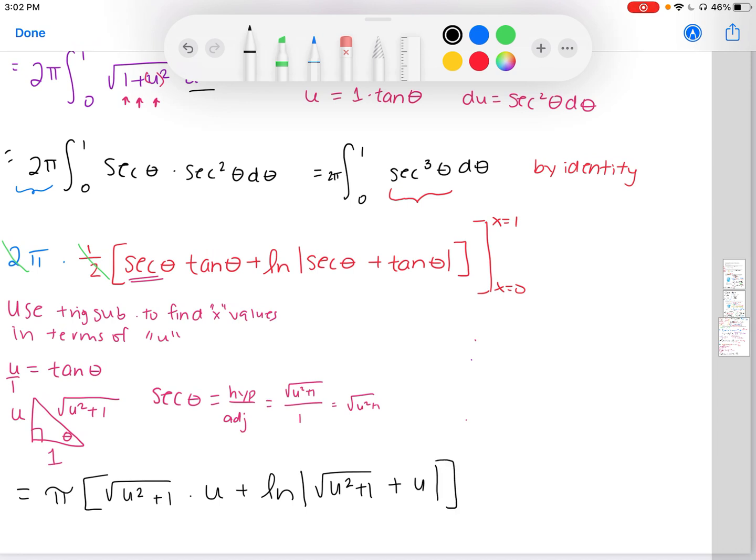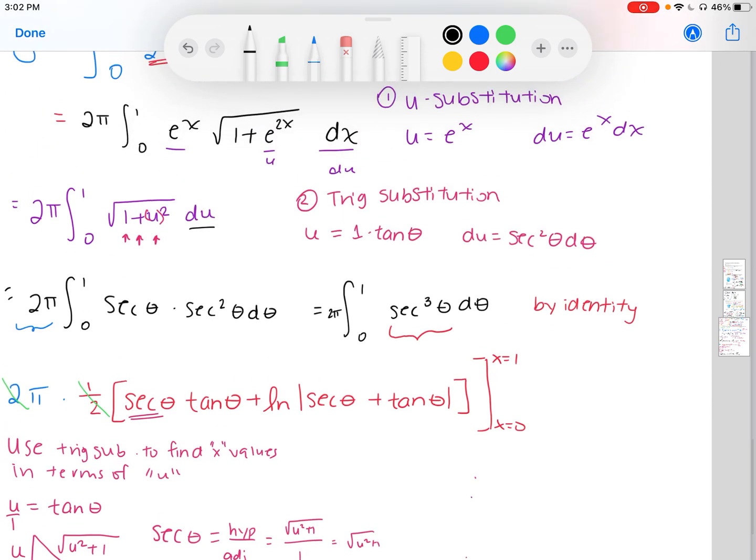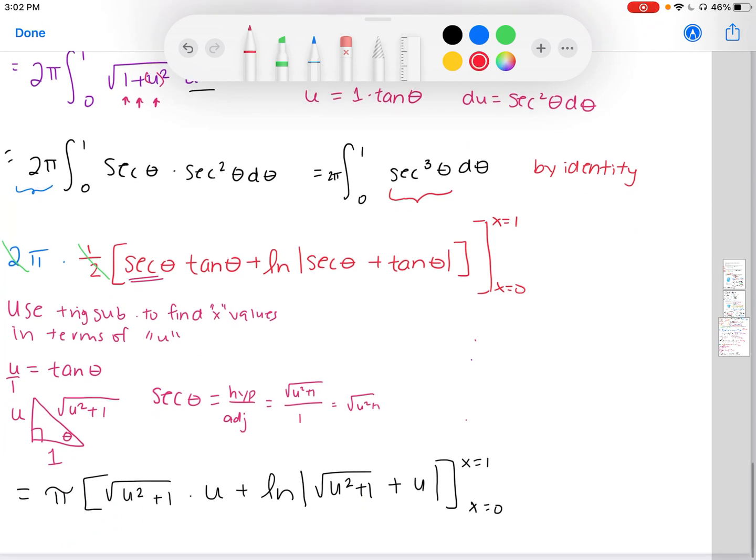All right, and we have x is equal to 1 and x is equal to 0. We want it in terms of u, but we already have a substitution for u, right? We said that u is equal to e to the x. So let's make those changes. When x is equal to 1, u is equal to e. And when x is equal to 0, u is equal to 1. So we can change that to an e and change that to a 1.